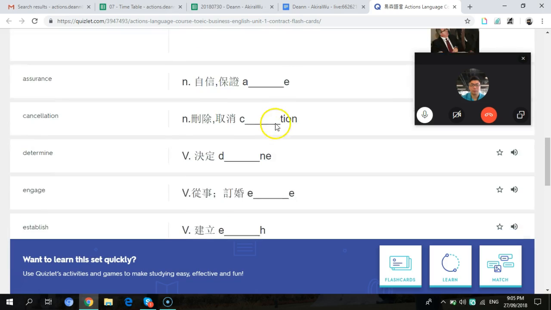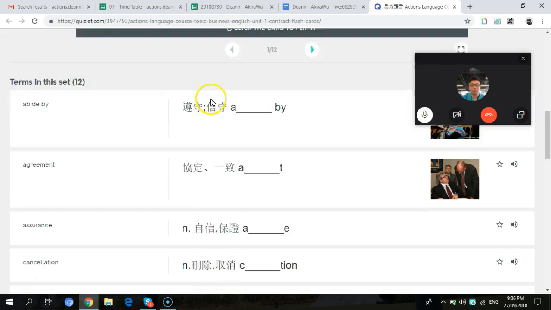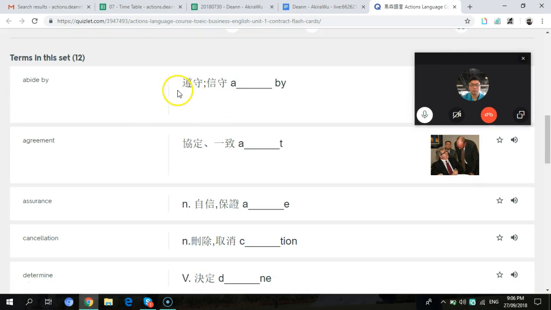Okay, so I have here a flash card. I don't know if you can click it. I will just put the Chinese meaning of each of those words that we have.